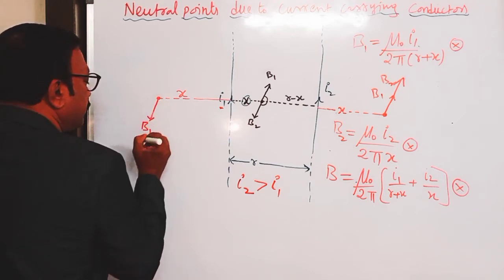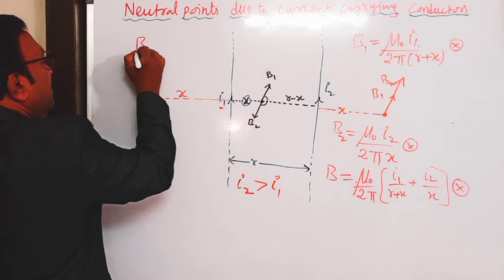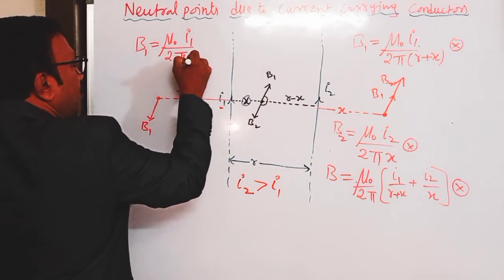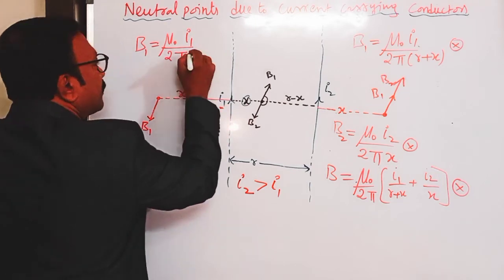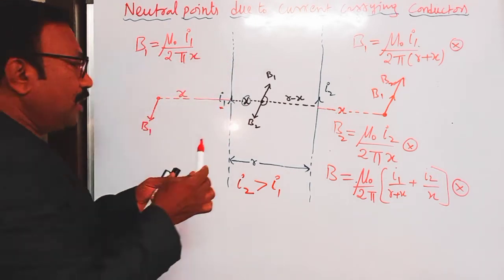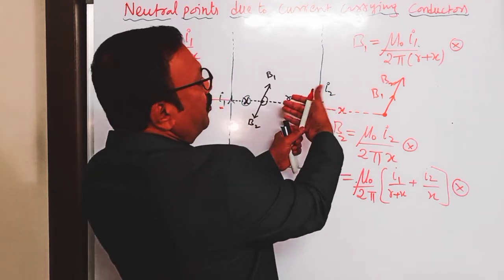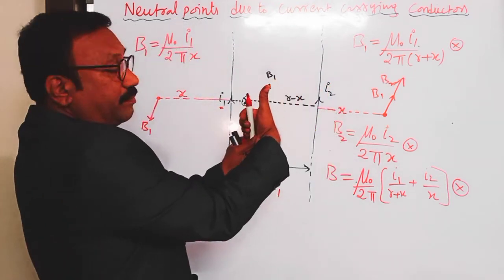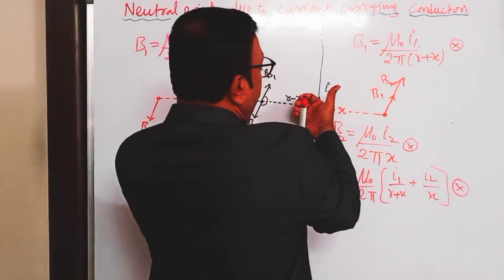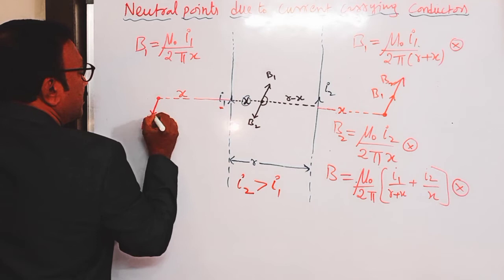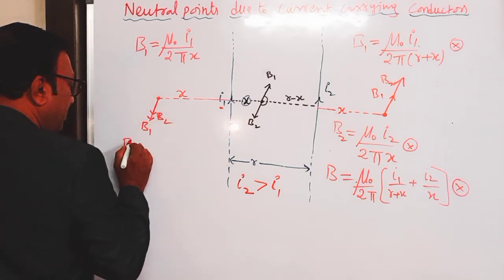So I will be getting an outward field here, B1. How much is this B1? Mu naught I1 by 2 pi distance. Now this second conductor also produces a field. On the left side it will be producing an outward field. So this B2 is also an outward field.